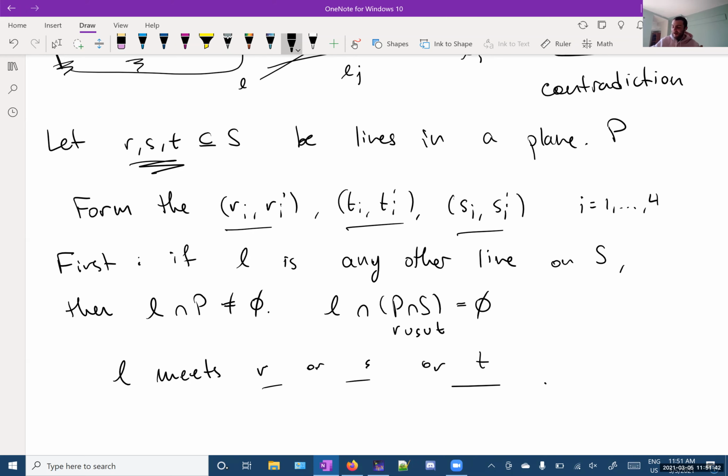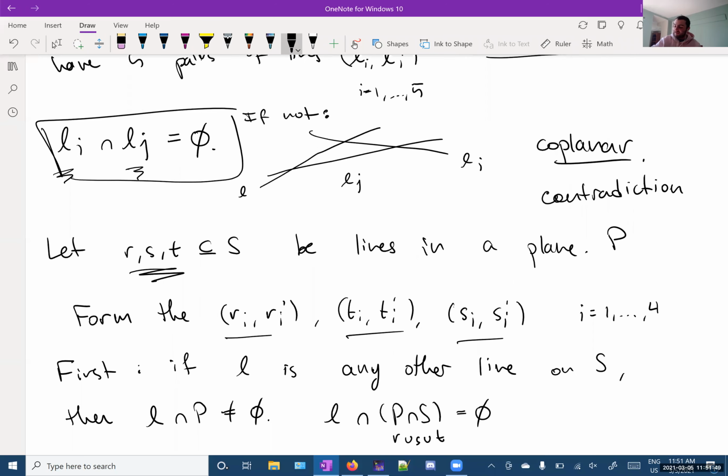And now, we just need to check that these lines aren't the same. But again, for the same reason as right here, maybe I'll emphasize this, the purple star or something. For the same reason as right here, if Ri and Si were the same, for example, then R, S, and Ri would all be coplanar.